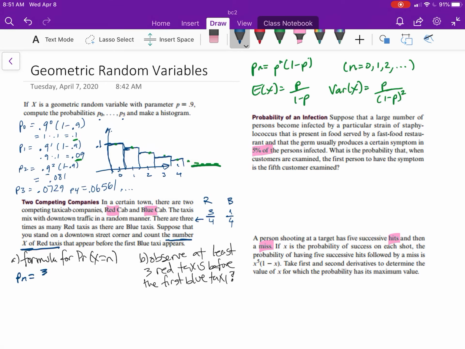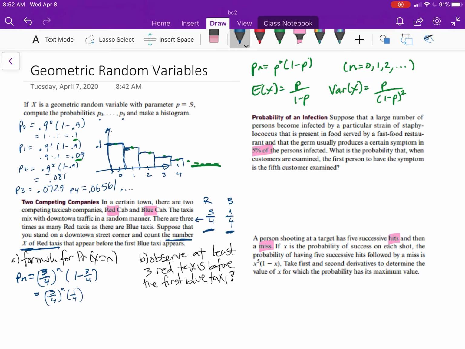So the probability of seeing the red is 3/4 to the n multiplied by 1 minus p, which is always just going to be the other probability. If one probability is 3/4, the other is 1/4. But I'm going to go in and write it out. Just follow the formula. So we get 3/4 to the n multiplied by 1/4. Okay, that's our formula. I'm going to show this a different way in the next example, but similar, just a different way of thinking of it.